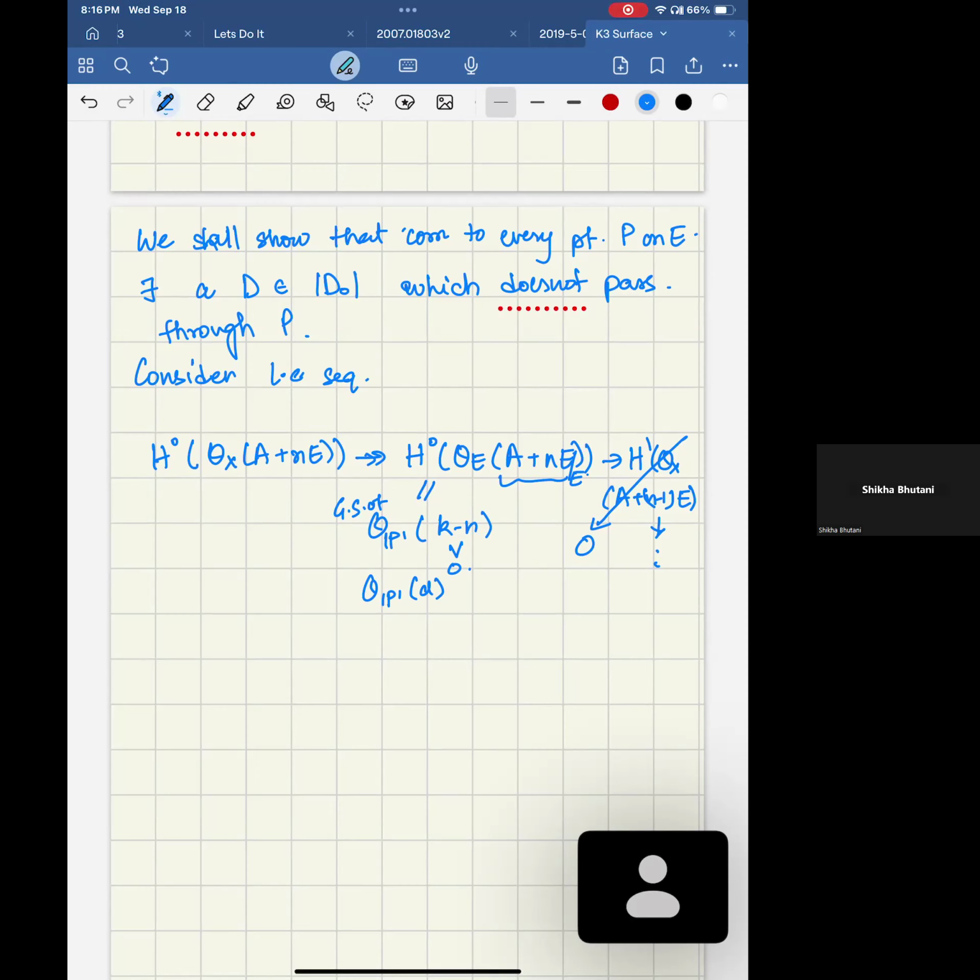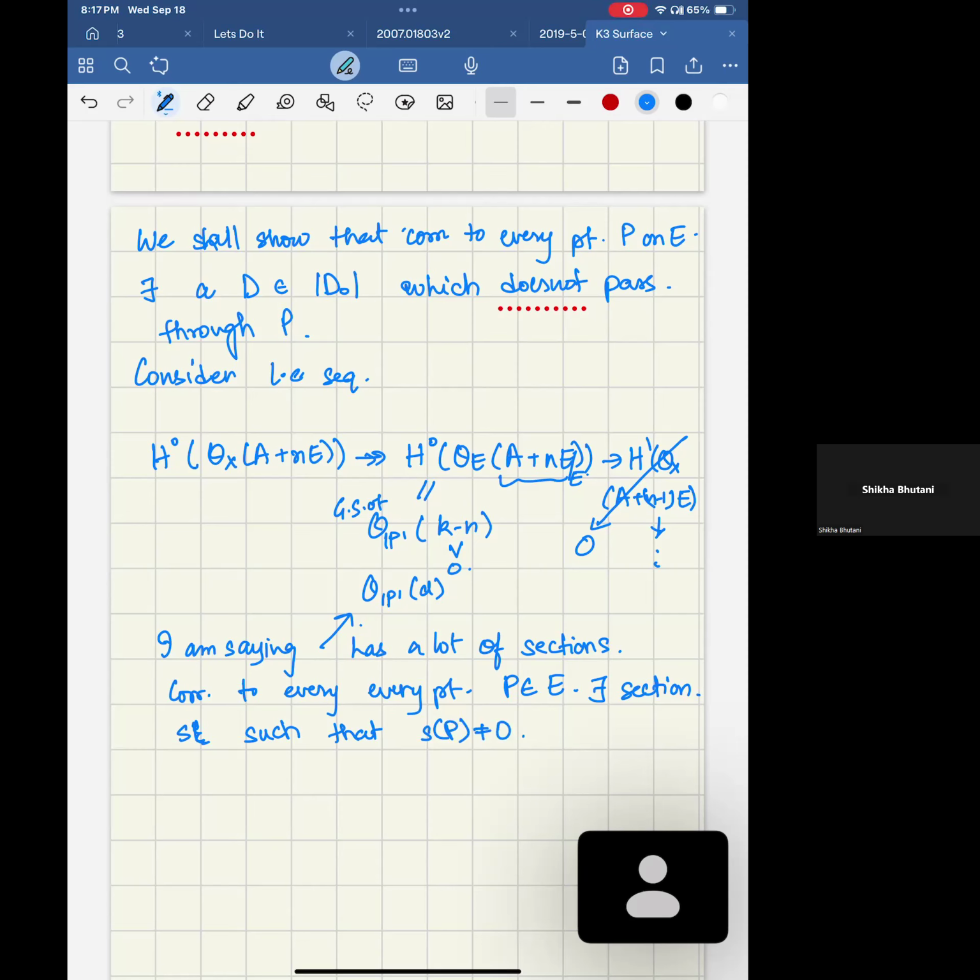So what we are trying to show is, I'm saying that this guy over here has a lot of global sections, so many sections that corresponding to every point P on E, there exists a section which does not vanish on P.